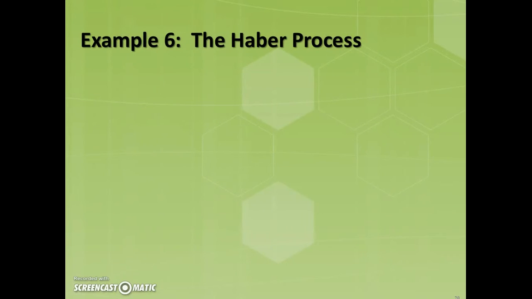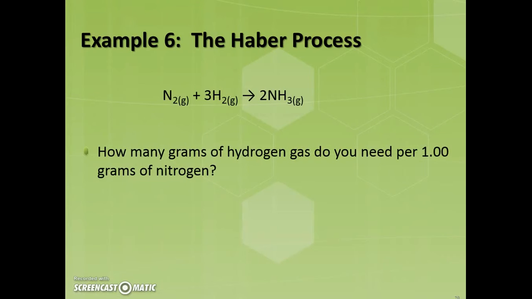Okay, so now let's pull it all together, looking again at our familiar Haber process. How many grams of hydrogen gas do we need to fully react 1 gram of nitrogen? Okay, so first off we'll build our stoichiometry term.